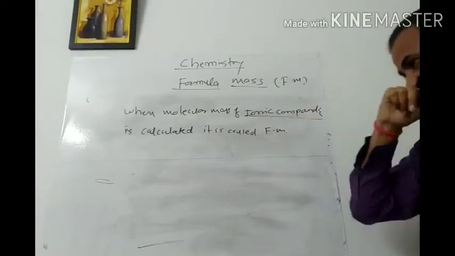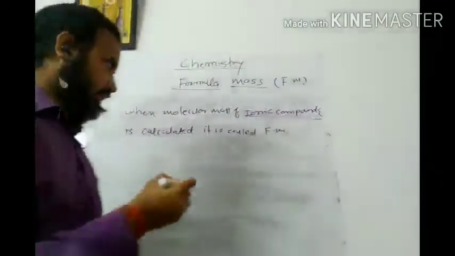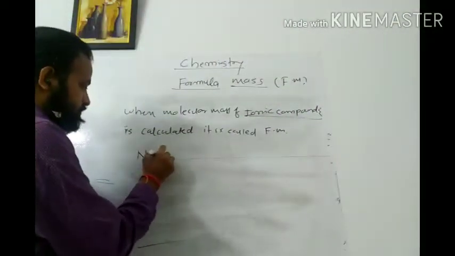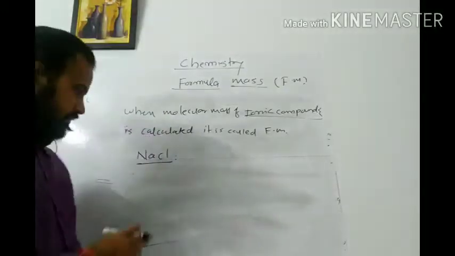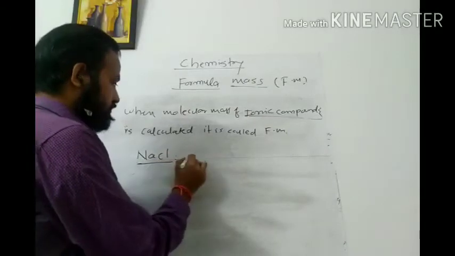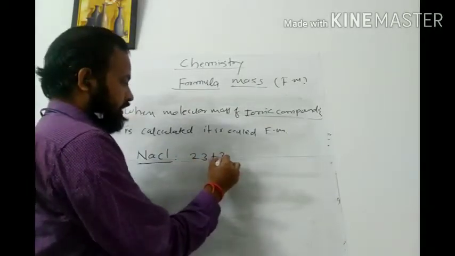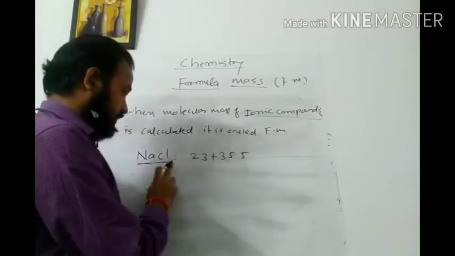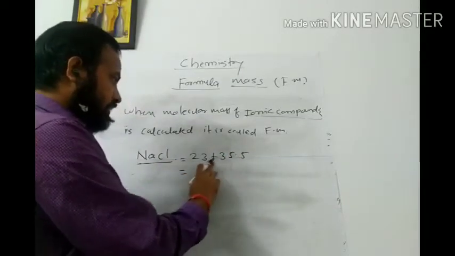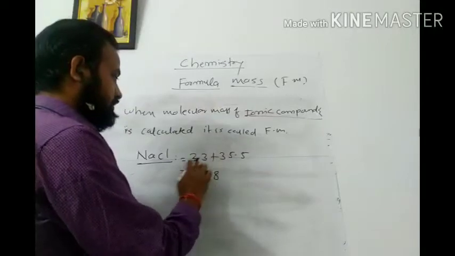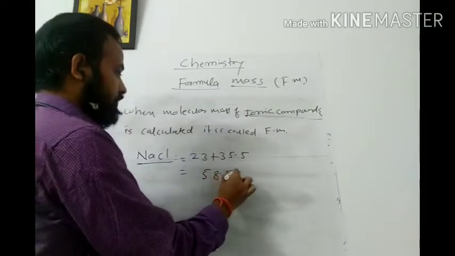Okay. For example, what is an ionic compound? Let us say NaCl. Sodium has atomic mass 23 and chlorine has mass 35.5. If I add it, it is 58.5, isn't it?